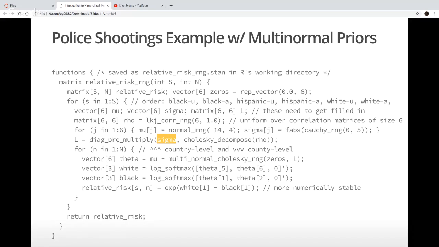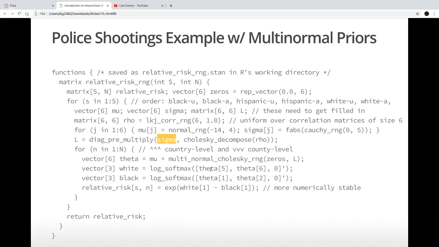Then we loop over the number of counties. I should say that everything above the loop from 1 to n is basically the parameters at the United States level as a whole, the overall mu and sigma. Then we drop into the loop from the first county to the last county, and the parameters underneath here are county specific.